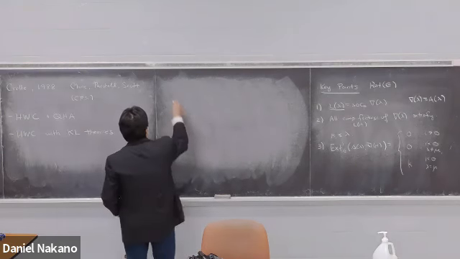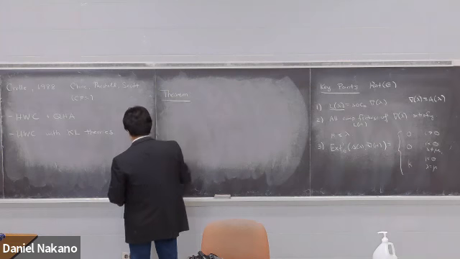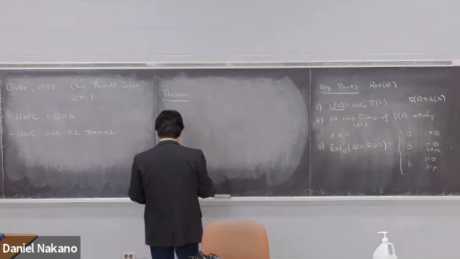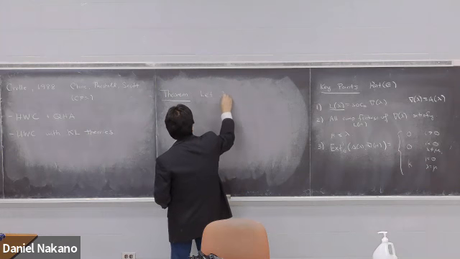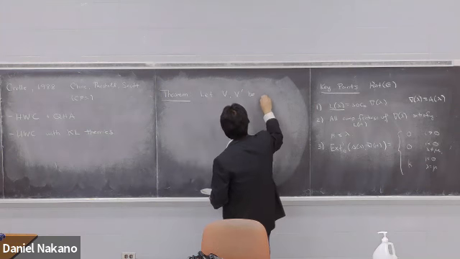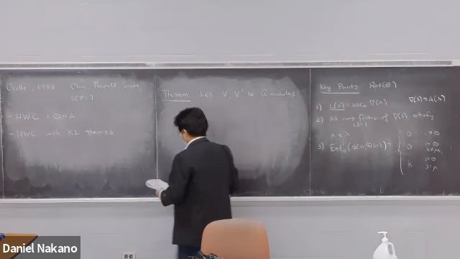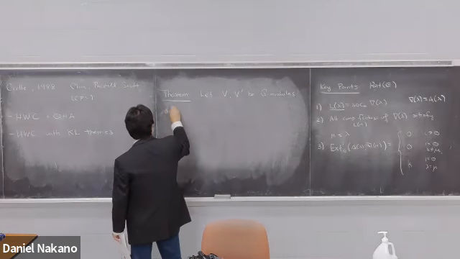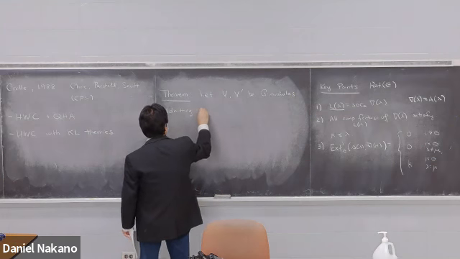All right, so here's the theorem. I'll just first state the theorem, and then I'll give credit to people who have actually worked on this. So the theorem is: let V and V prime be rational G modules admitting good filtrations.